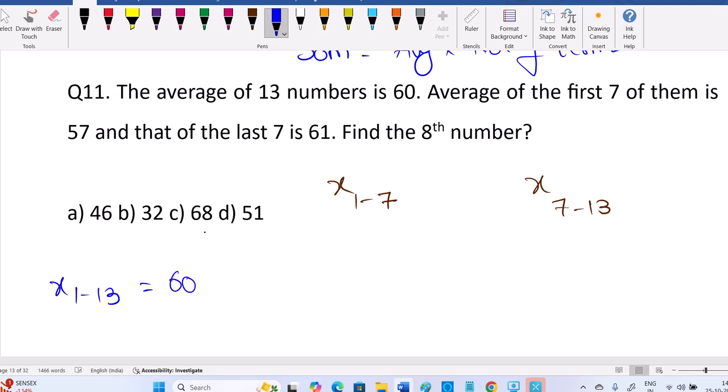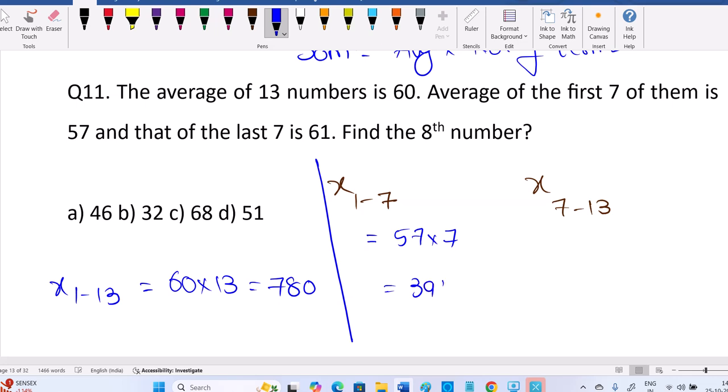Average is 60, number of terms is 13, which is equal to 780. For the first 7 numbers, sum is average 57 times 7 terms, 350 plus 49, which is 399. For the last 7 numbers, the summation x7 to 13 means x7 plus x8, x9 and so on, 61 into 7, which is 427.